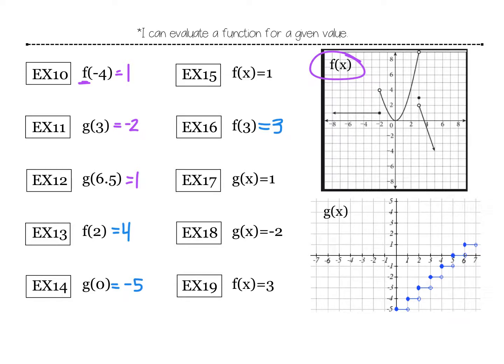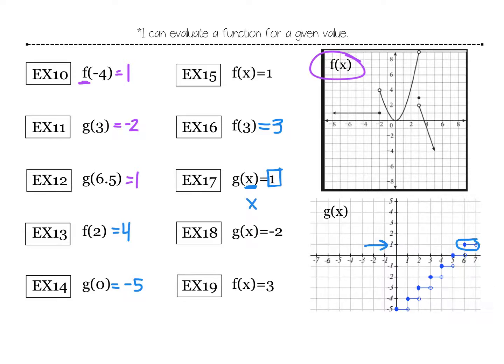All right, so example 17, we are looking for what is the x value when the output is 1, so when the y value is 1. And we're using this g function, so we're going to go when y is 1, what's happening? So I really like this, we're looking for the x value.